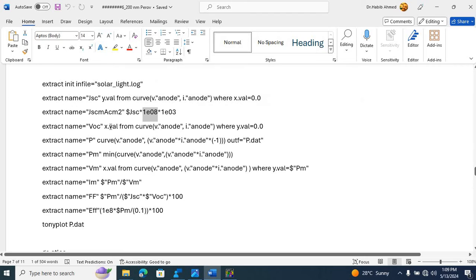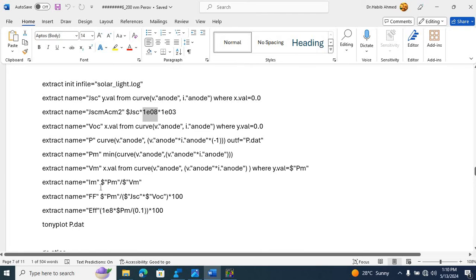We get the open circuit voltage where the y-value is 0 for the IV characteristic. Similarly, we look at the power curve, and we calculate the maximum power by multiplying the maximum voltage with the maximum current.